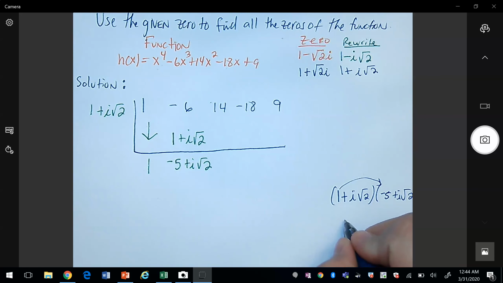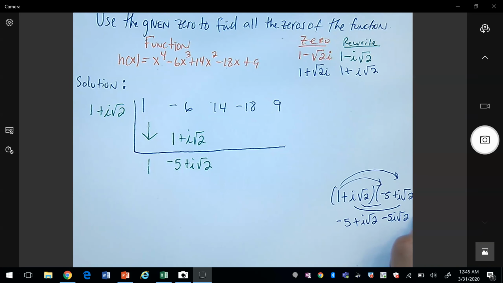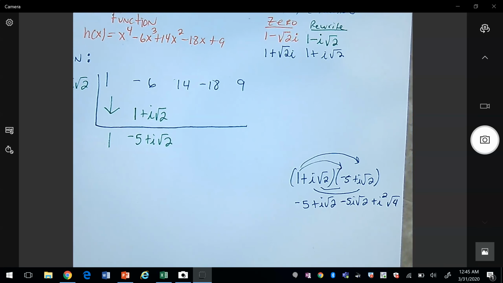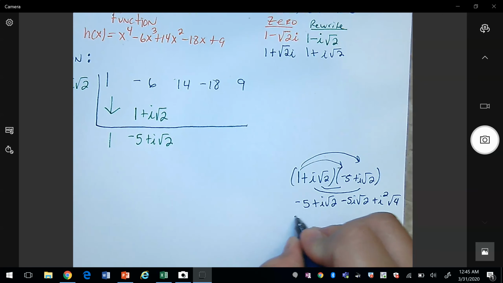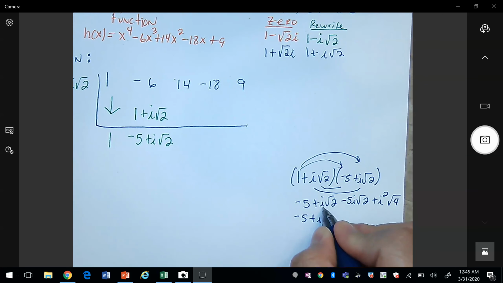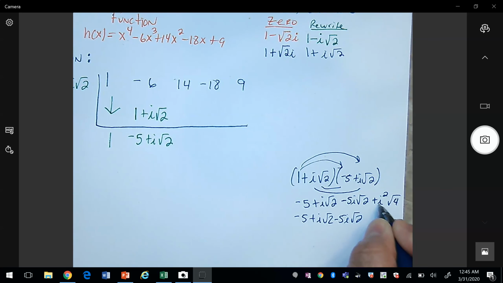1 times negative 5 is negative 5, plus i square root of 2, minus 5i square root of 2, plus i squared times square root of 4. Simplify. i squared gives me a negative 1. Square root of 4 is 2.